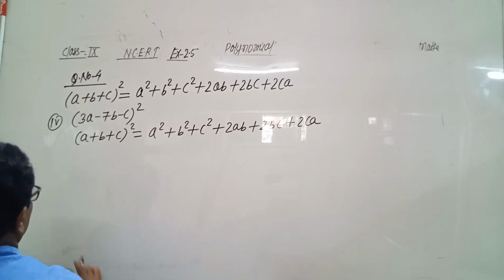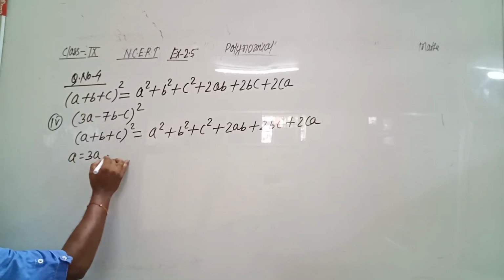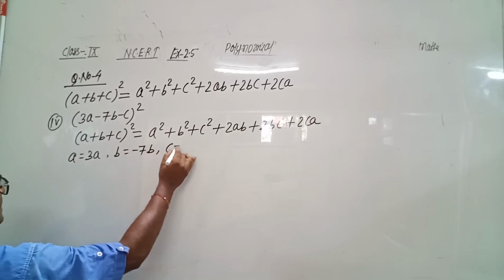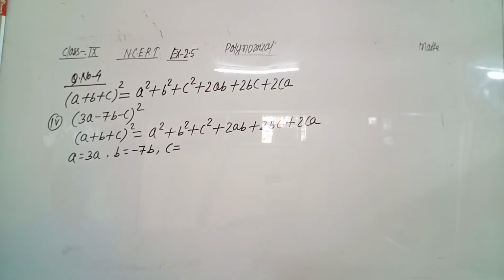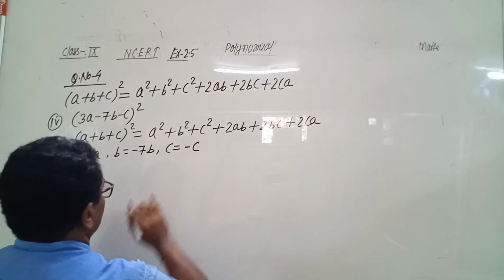Now put the values of a, b and c. So a is equal to 3a, b is equal to minus 7b, and the value of c is minus c.